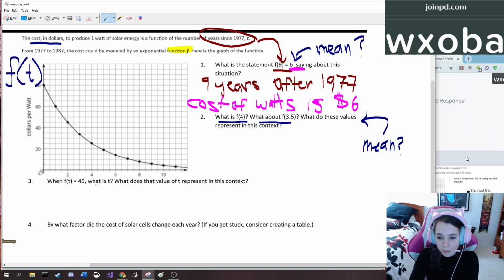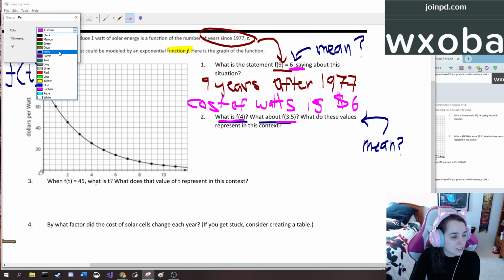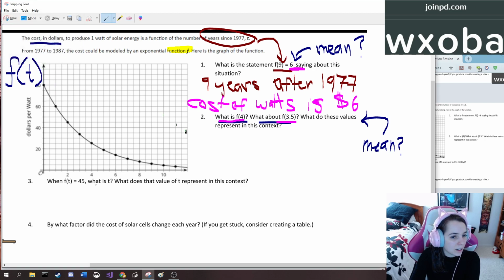So then what about the next one? Okay, so this is the same thing. The input tells us the amount of years after. So our input that is inside this f, inside our function f, is going to tell us the years after 1977. So if this is our function f, inside this is going to be the years after 1977.